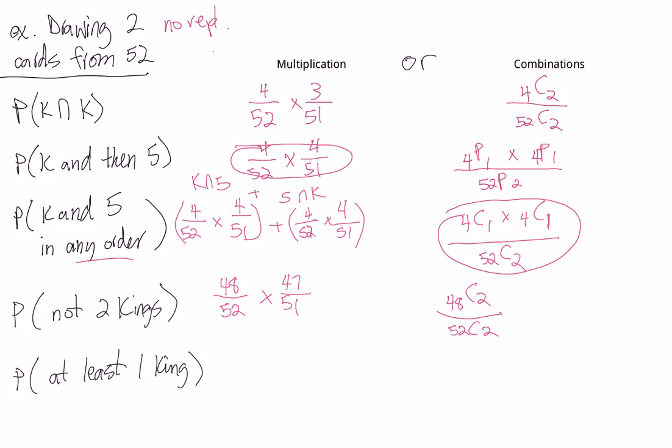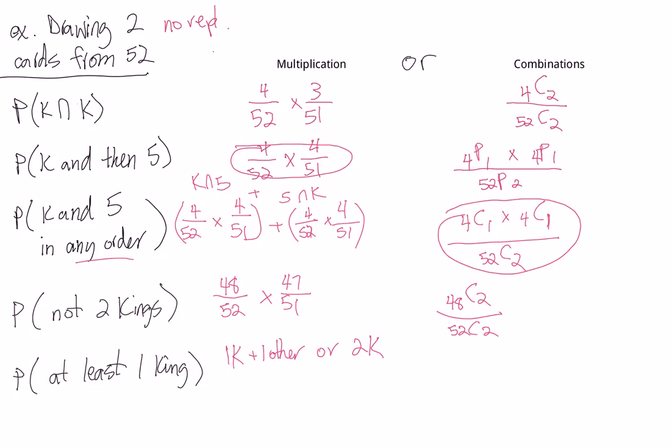Okay, and now the last one is what's the chance we get at least 1 king? So that means we'd have 1 king and 1 other card, or 2 kings. So you'd have to do 2 different options.